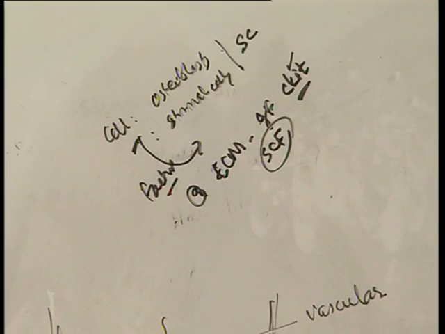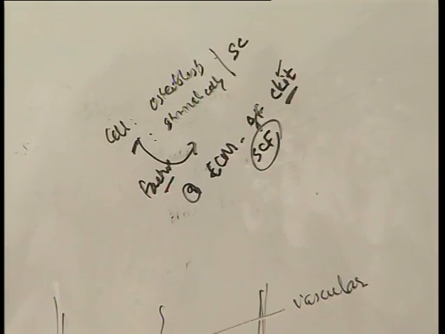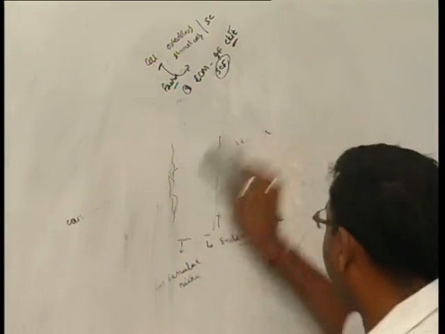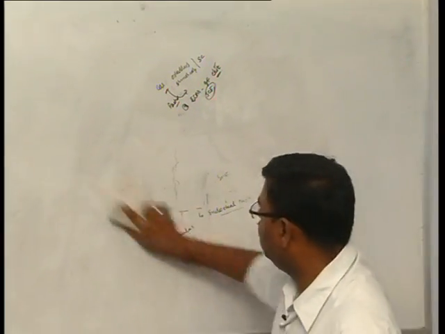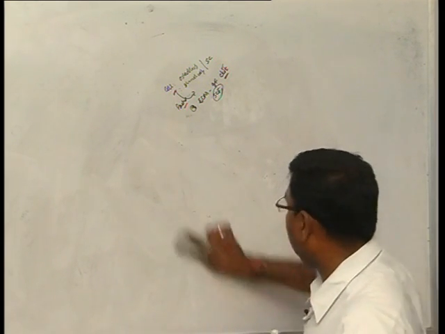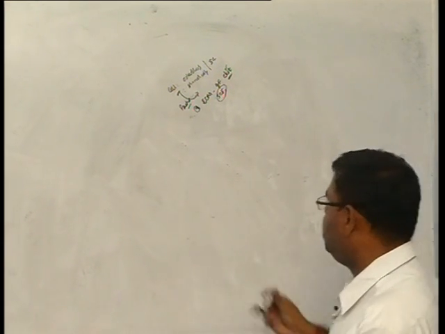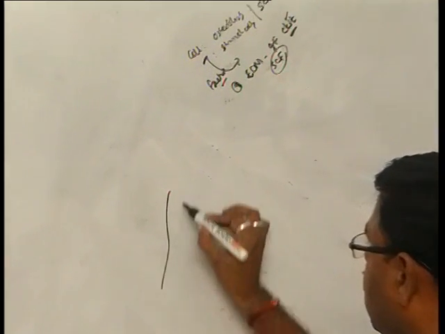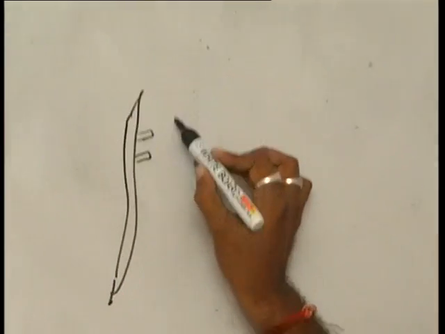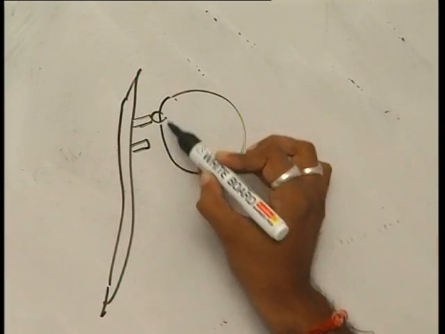Now how it does this, we will see here. I'll erase this one. Now you have the spindle-shaped osteoblast, and you have the connections here.